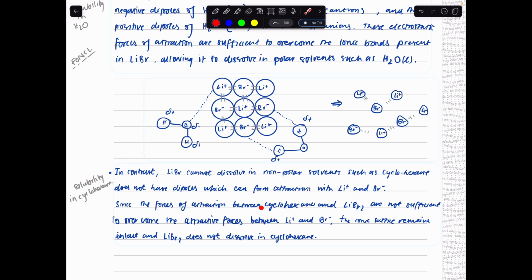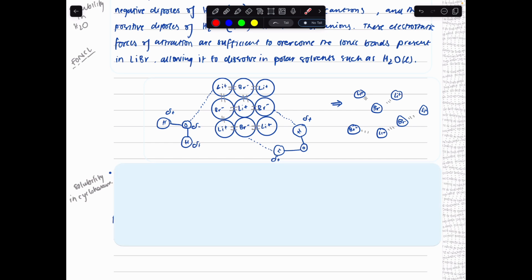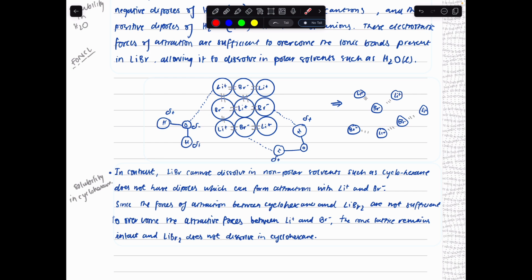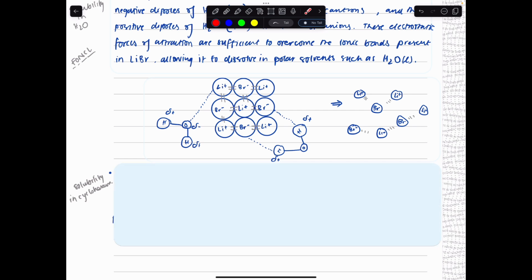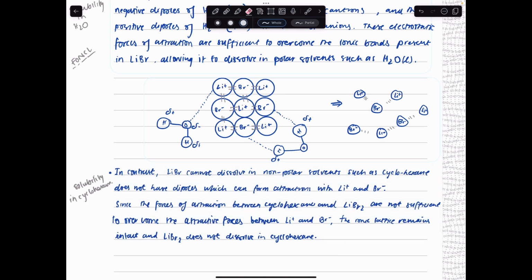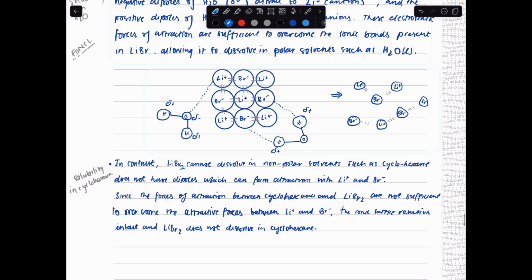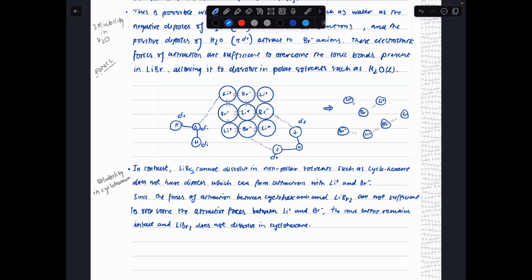Since the forces of attraction between cyclohexane and lithium bromide are not sufficient to overcome the attractive forces within lithium Li+ and Br-, the ionic lattice remains intact and lithium bromide does not dissolve in cyclohexane. Okay, so this is a great compare and contrast example, but this essentially is solubility in this context.